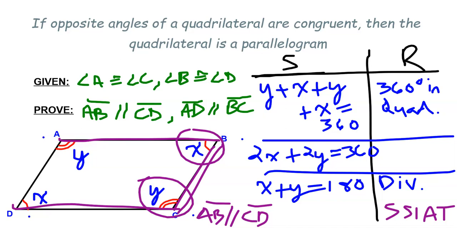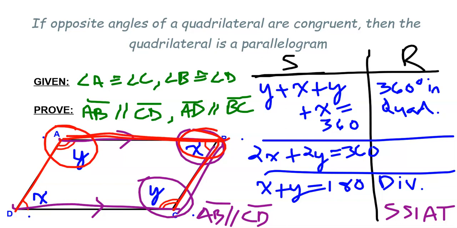Those two angles are supplementary. They are same side interior angles between lines AB and DC using transversal BC, so therefore AB and CD are parallel. Similarly, and that's why I left the space there, we can look at angle A and angle B as same side interior angles for lines AD and BC with transversal AB.